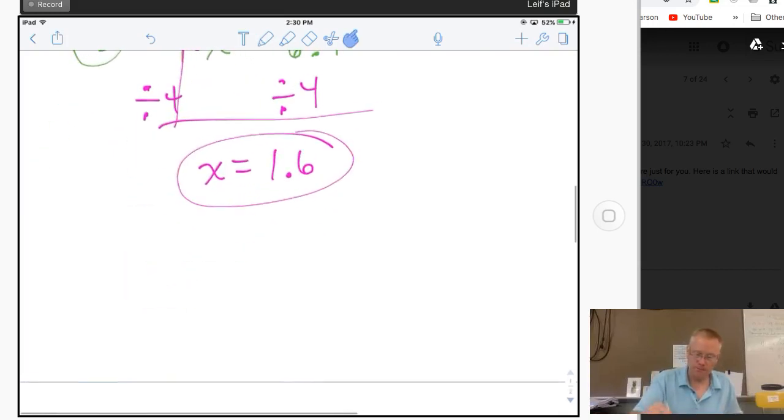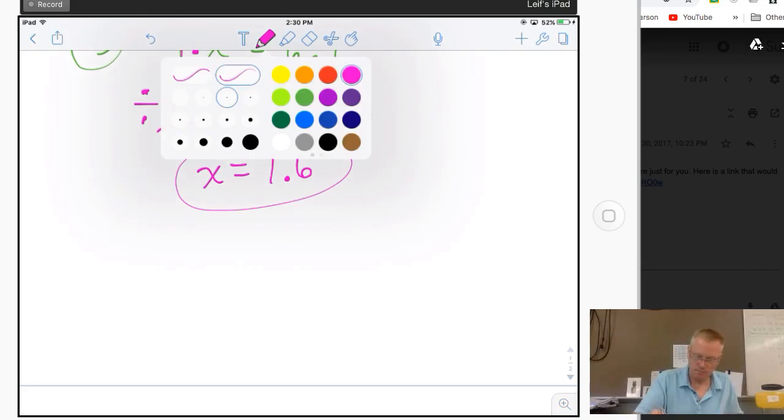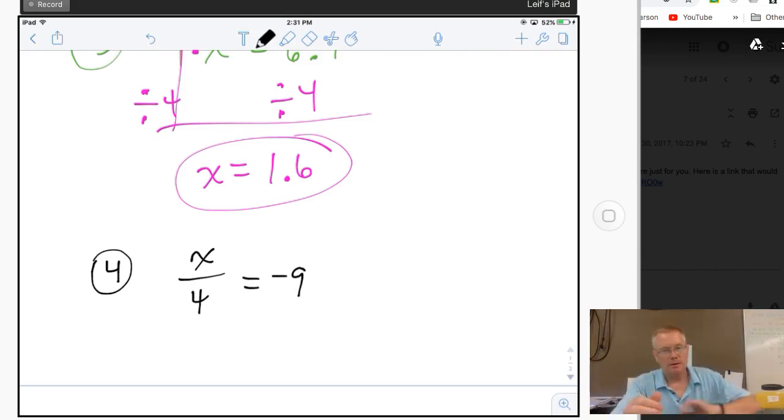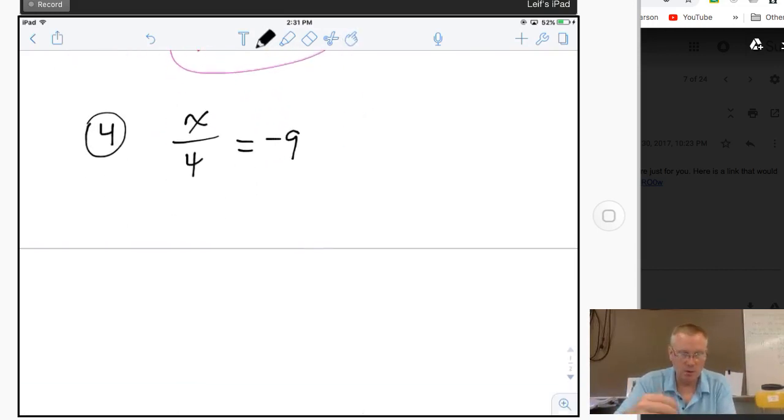Number 4. This is the kind that most students have trouble with in the beginning. Hopefully by now you've figured out that a fraction is really division.